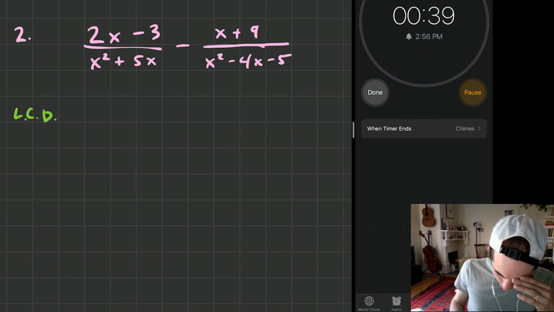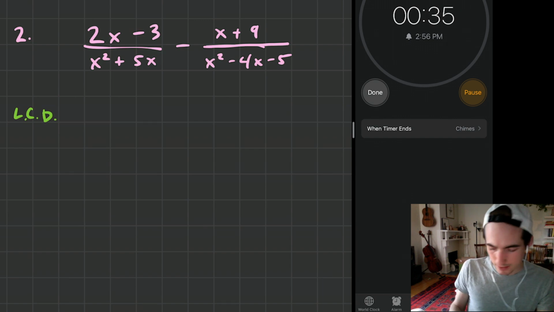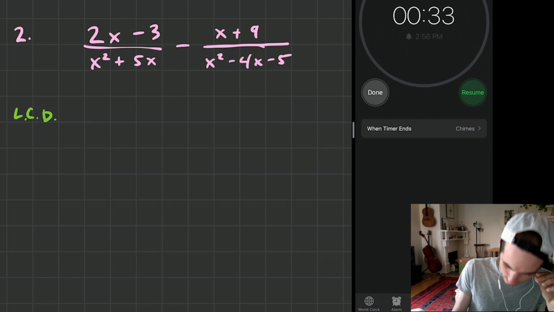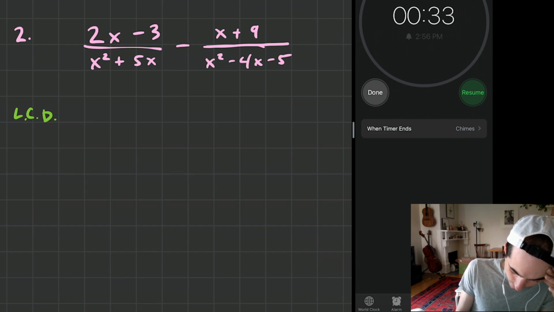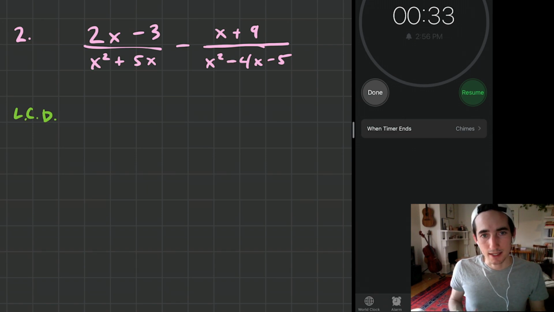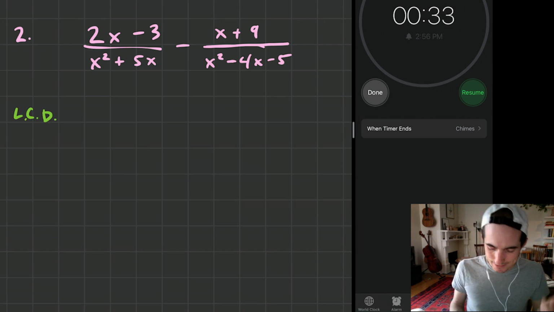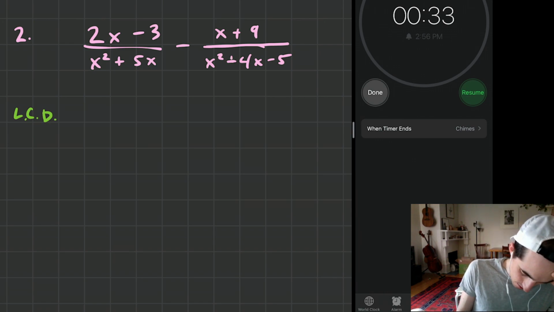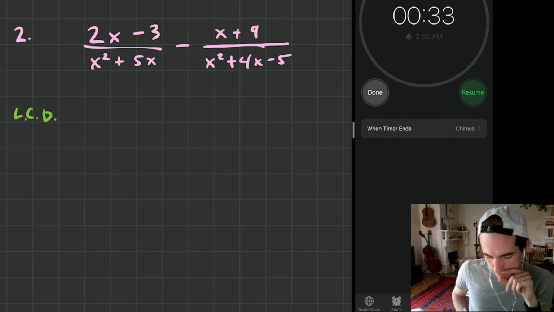So what we're going to do is, again, I'm sorry that we're just figuring this out at the last minute here. I'll do this problem for you. My guess is that you were probably able to factor these and that you weren't really able to find a common denominator that made any sense. This should be positive. This should be positive.